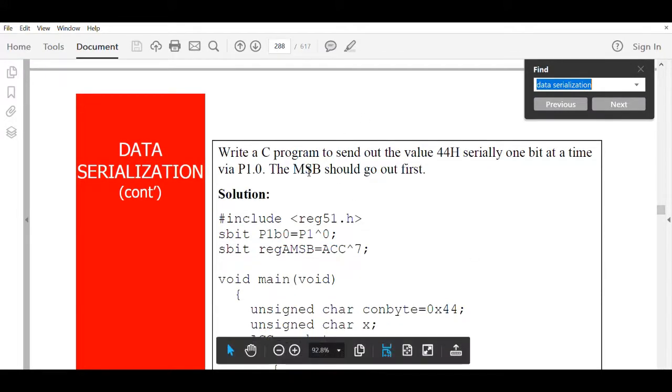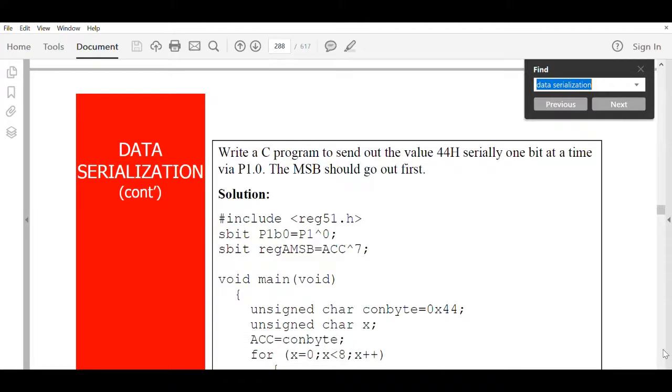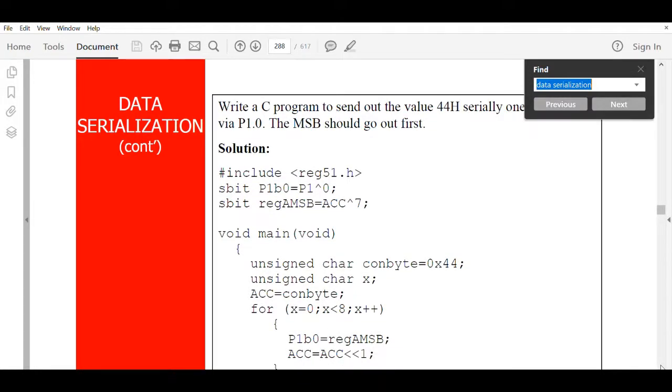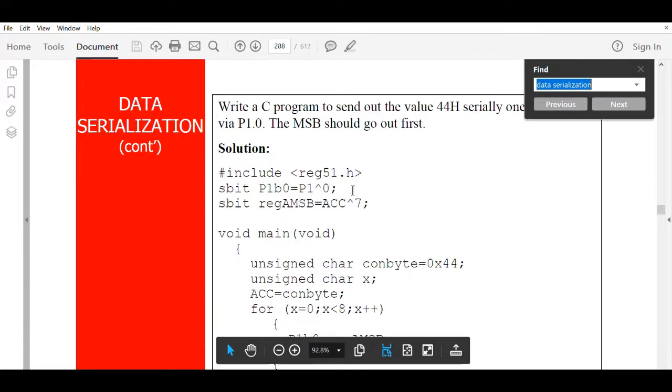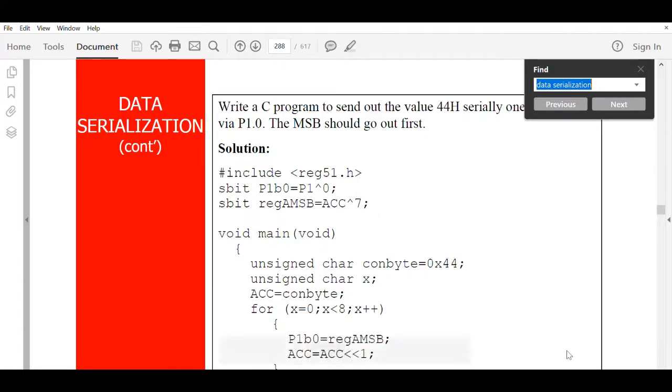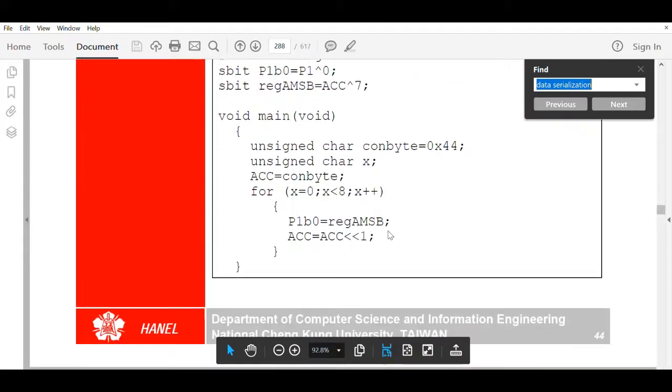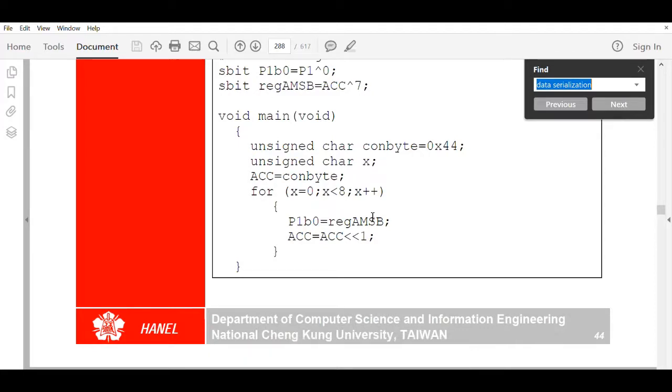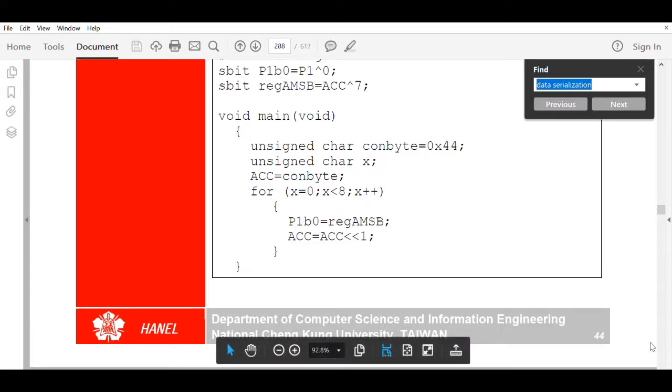Again, if it is MSB that you want to transfer, then shift to the left. Another difference is that we'll be shifting out the D7 bit, or the accumulator 7 bit, to P10 each time. That's why we have written accumulator 7 here: we move the MSB of the accumulator to P10 and shift to the left. You can see the arrow direction.